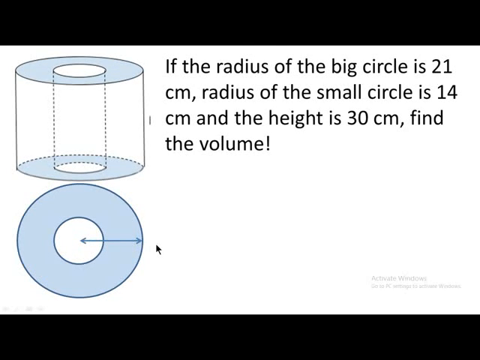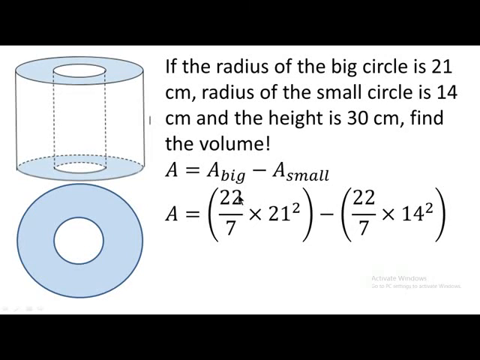Now, first, we're going to find the area of the cross section. The area of the cross section is the area of the big circle subtracted by the area of the small circle. We know that the area of a circle is pi r square. So the area of the big circle is pi, 22/7, multiplied by r square. We know r is 21 centimeter for the big circle.